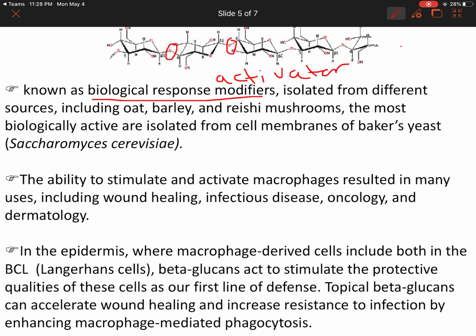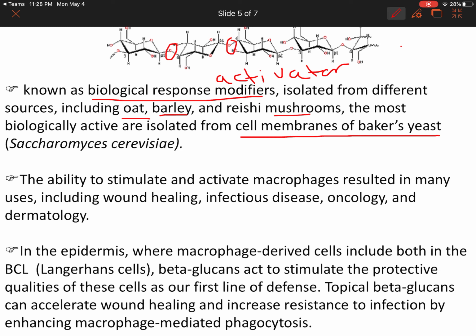It is isolated mainly from different sources like oat, barley, mushrooms, reishi mushrooms that are active as a biological response modifier, but the best one is isolated from the cell membrane of the baker's yeast, which is Saccharomyces cerevisiae.